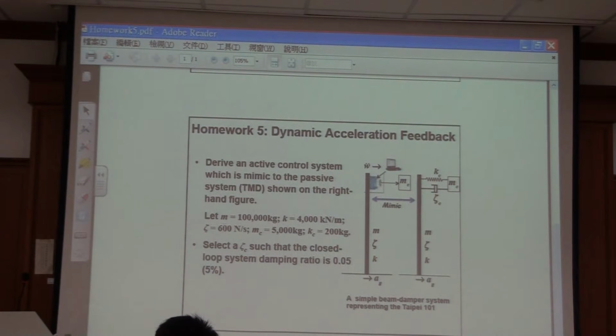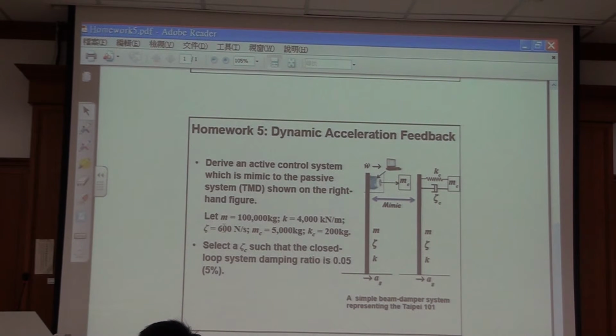So you need to check your closed loop system eigenvalues such that the damping is more than 0.05. Your closed loop system will have 2 eigenvalues. And I'm asking you to have both of them more than 0.05. Both of them. The closed loop, you have 2 eigenvalues.